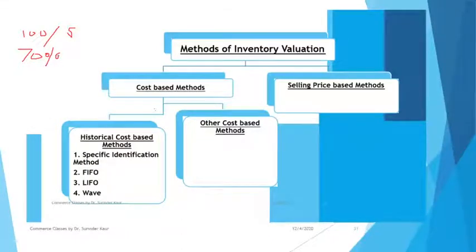Now at the end of the period, you went to your stores and found that only 200 units are left. So what should be the cost of those 200 units? Now if you can identify the stocks, that you look at the 200 units and can identify that, yes, out of these 200 units, 50 units are from this lot and 150 units are from this lot, in that case, you can identify them. So you will follow the specific identification method.